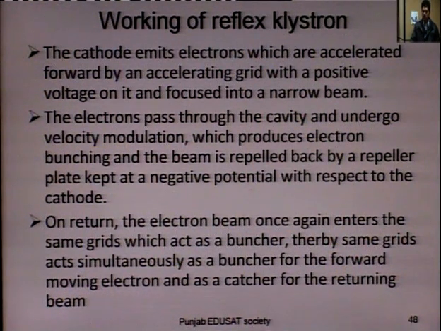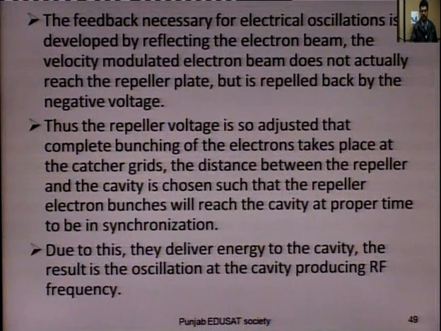When the electrons return back, they impart energy to the buncher cavity. So it starts oscillating at a high frequency, that is, microwave frequency, and this high microwave frequency can be picked from the cavity.